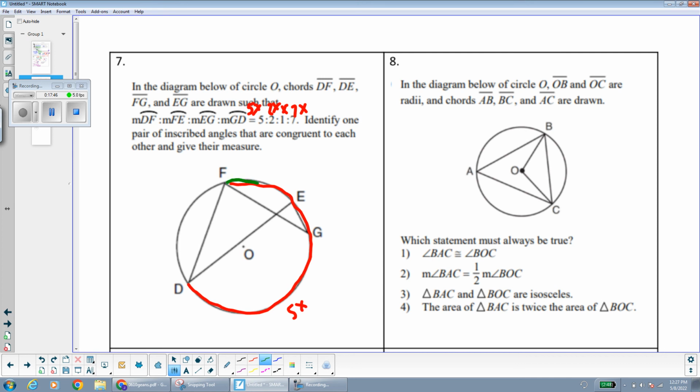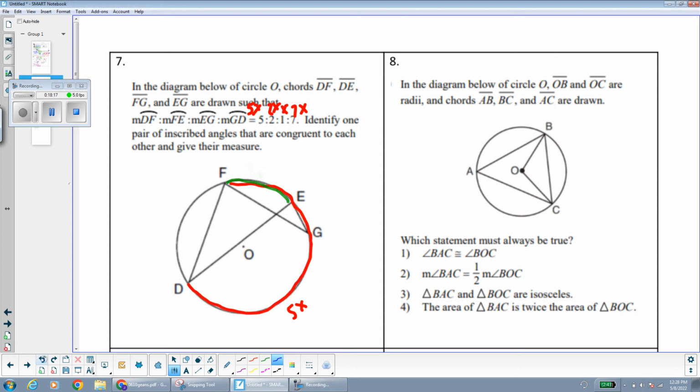FE would be the 2x part of the ratio. EG is the x part of the ratio, and GD, from G to D, is the 7x part of the ratio.